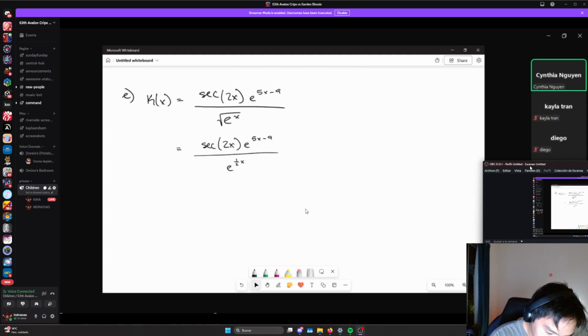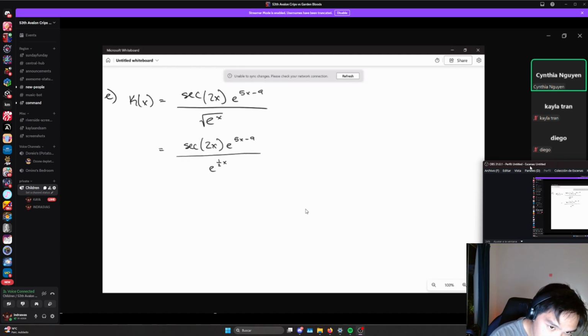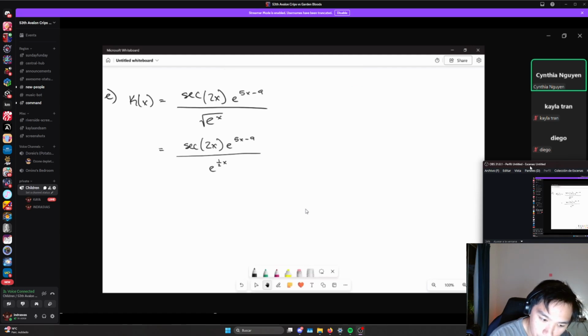So e to the x, all to the power of 1/2, through exponent rules, is just e to the 1/2 x.